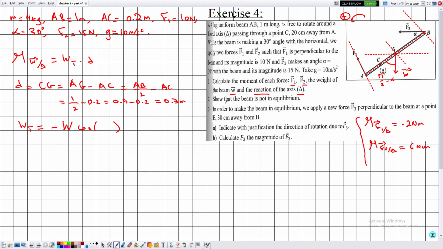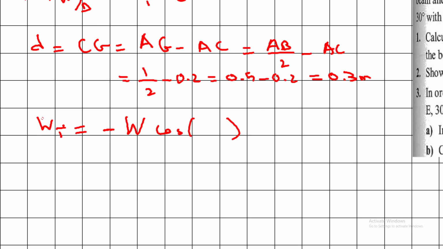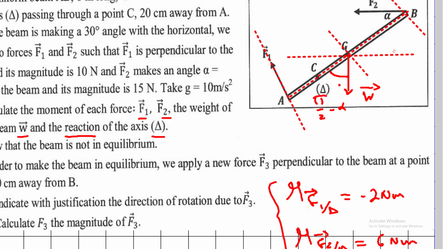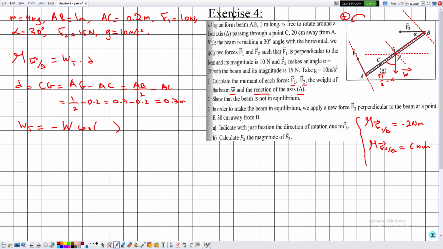However, if we refer back to our problem, we are interested in determining the tangential component. So we need the angle between W and the tangential direction. If this is pi by 2 minus alpha, then this angle is alpha. So cosine alpha. Okay.